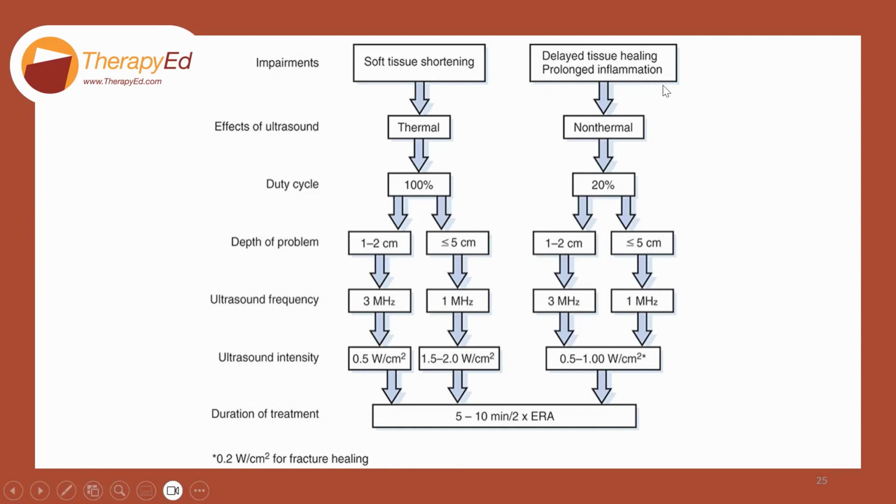So basically, if you have an acute inflammation or maybe even subacute, in other words, prolonged inflammation, then non-thermal is supposed to be good. If you have delayed tissue healing, in other words wound healing, then non-thermal is good.